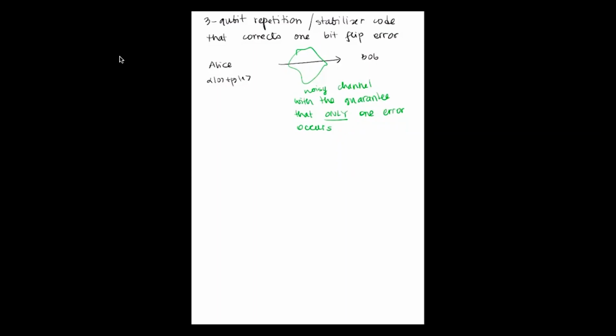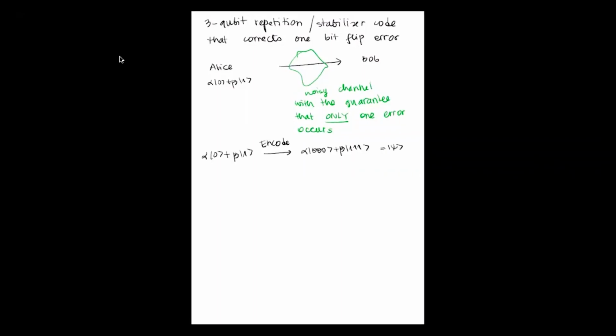Remember I told you that you don't have to send just one thing, you can add some ancilla on the way. But whatever ancilla I add, the channel is promising that it will only ruin one of the qubits in the encoding. All right, so this is the setup, and Alice begins.